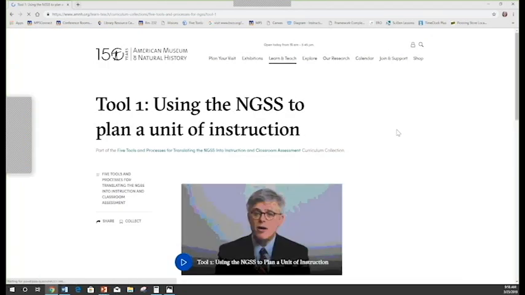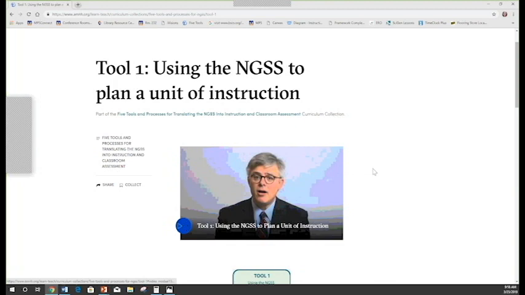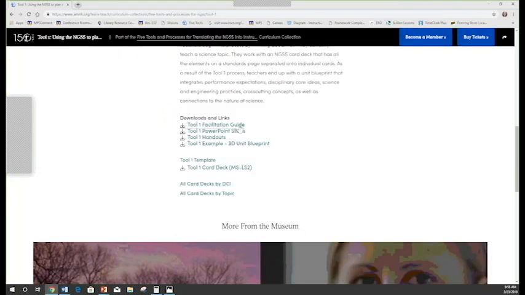We did Tool 1. There's a video, and again, it is tailored towards NGSS, but we can very easily modify it for Arizona. It gives you the purpose, and then it gives you Tool 1, a facilitation guide. So if you were to go to one of their presentations, this is the actual facilitation guide that they use, and it gives all of their talking points and everything.